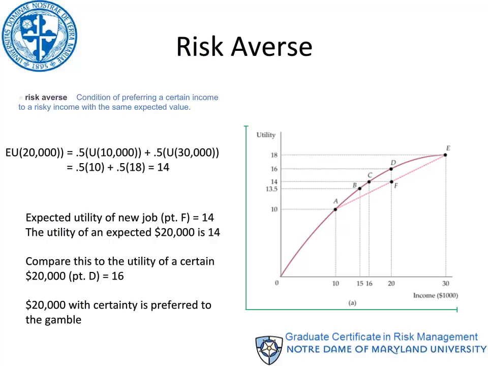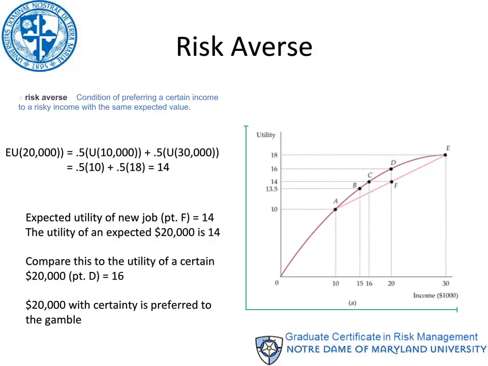The utility of the new job is uncertain. We can calculate the expected utility of the new job, however. Outcome A with an income of $10,000 yields utility of 10 with a probability of 50%. Outcome E with an income of $30,000 yields utility of 18 with a probability of 50%.